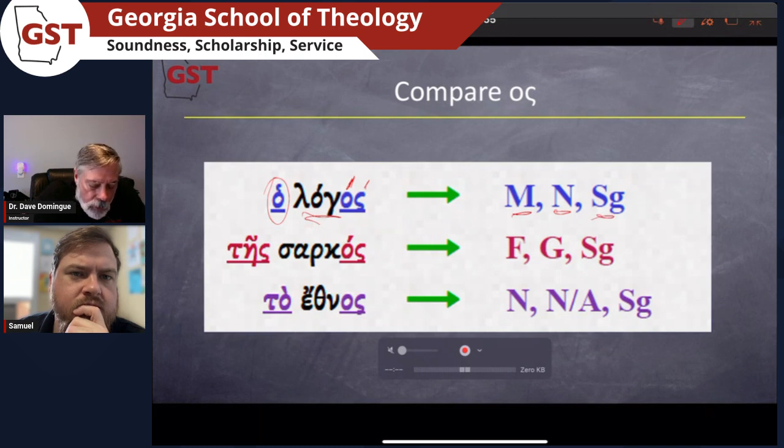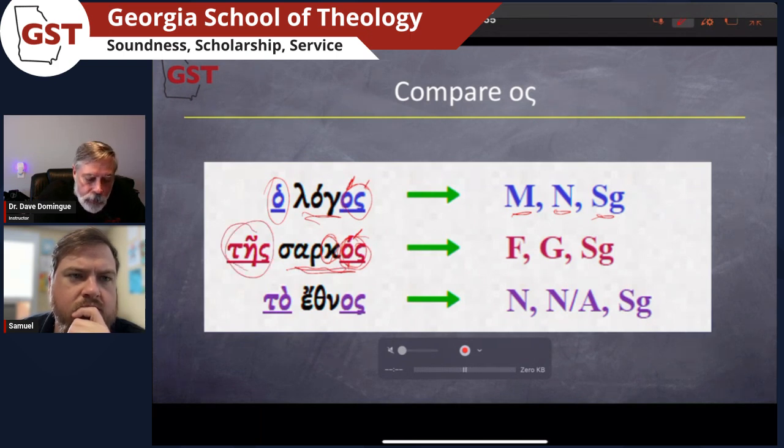What about here, sarkos? Here's our third declension, right? But notice it has the omicron as well. So you can easily get confused. Omicron sigma, huh? Wait a minute. Well, it's not a second declension word. It's not a masculine word. It is a feminine word. How do I know it's a feminine word? Well, I can't really tell by looking at that. I can tell by looking at the article.